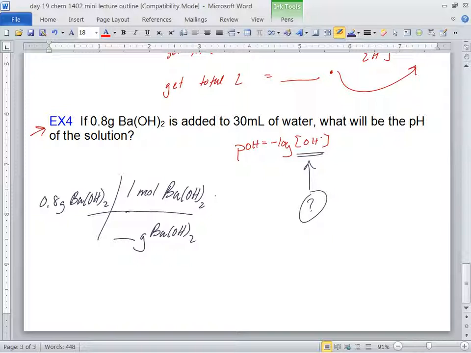So don't forget you have two OHs. You could just take your answer times 2 here, or actually show your work. And 1 mole of barium hydroxide, so these units cancel. I have how many moles of OH? 2. There you go.